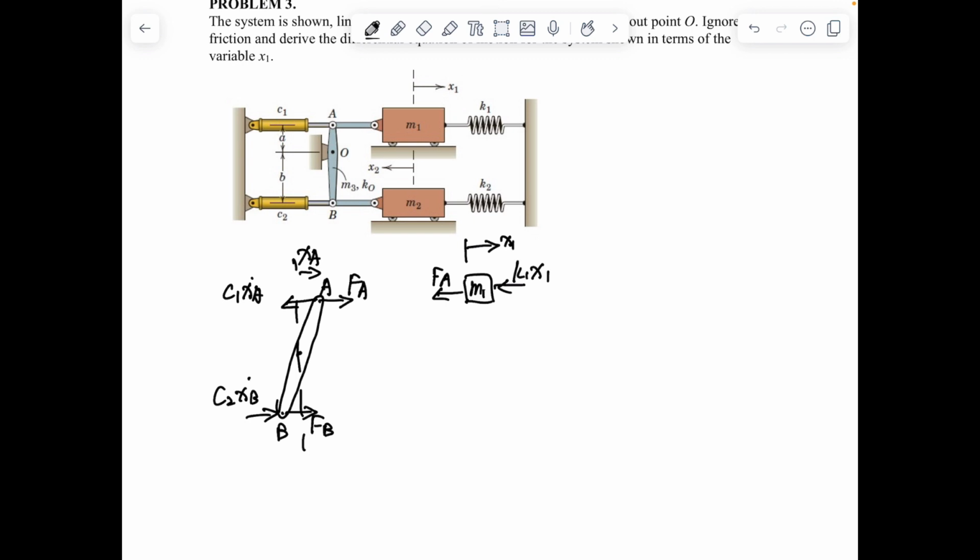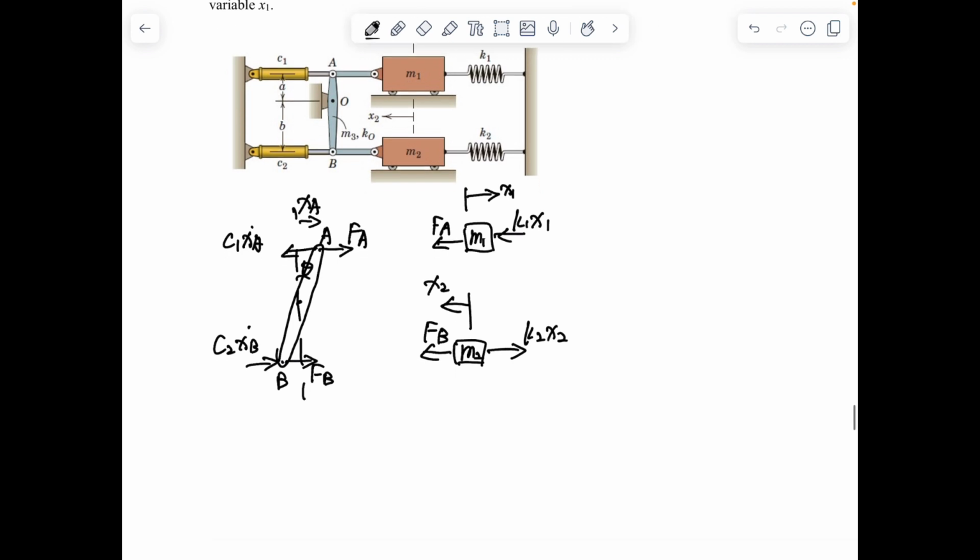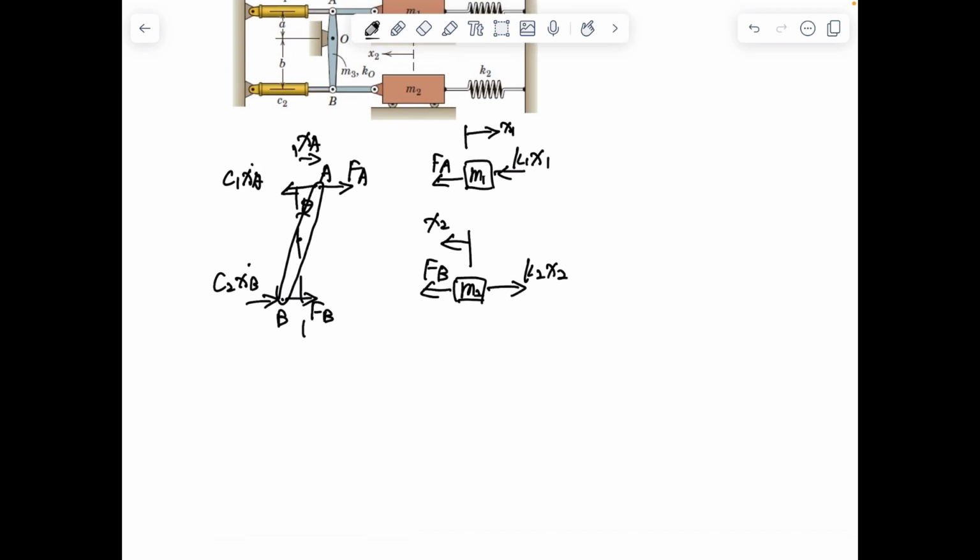For m2, it has Fb and the force from the spring, which is k2 x2. And we define this as our x2. By the way, here we call it theta. So we have a lot of coordinates, so we have to write several constraints.